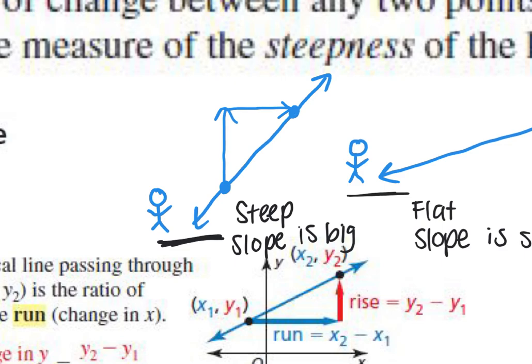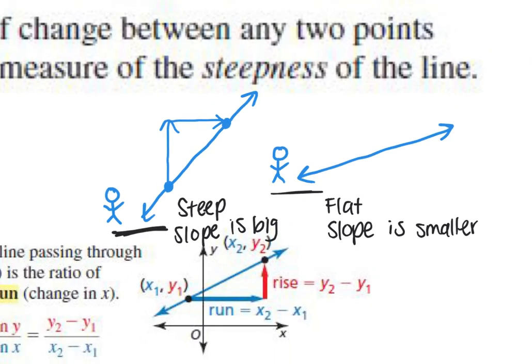Now do the same thing, but for the flatter graph. Take a point here and a point here, and if you drew your graph correctly, your vertical portion should be very small and your horizontal portion should be very large. What slope says is take the vertical component and divide it by the horizontal one.